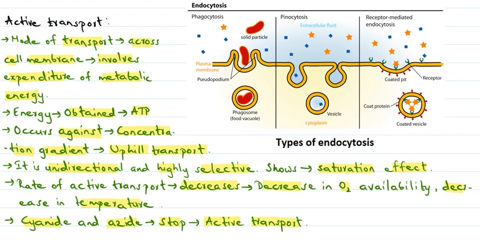The edges of the cell membrane invaginate, or surround the particle rapidly, making more contacts between the receptor and the surface ligand.